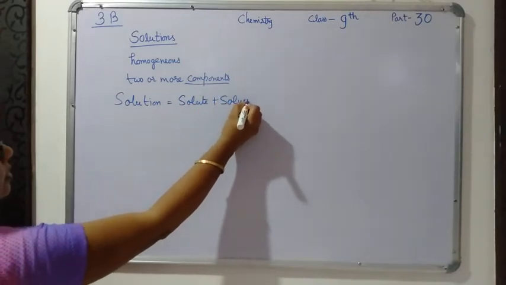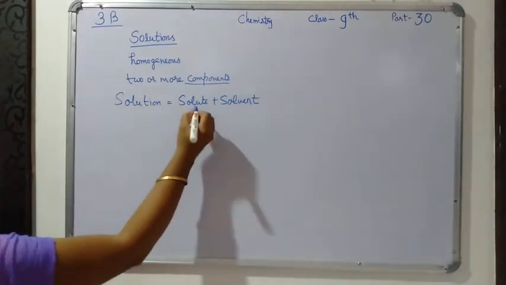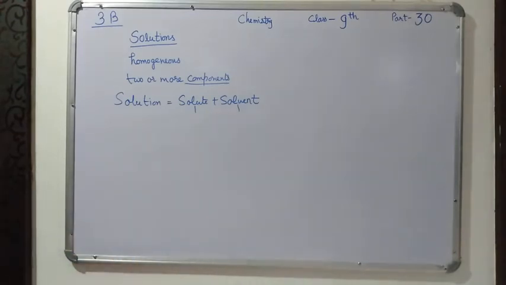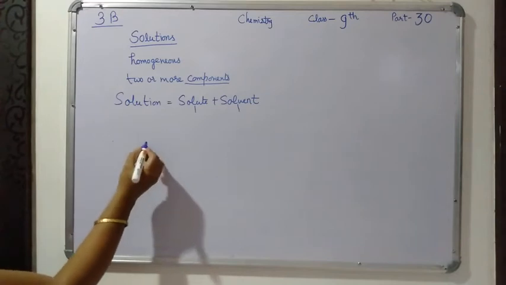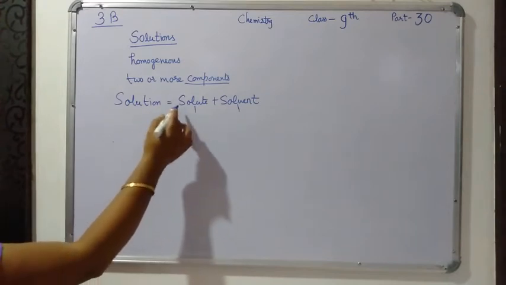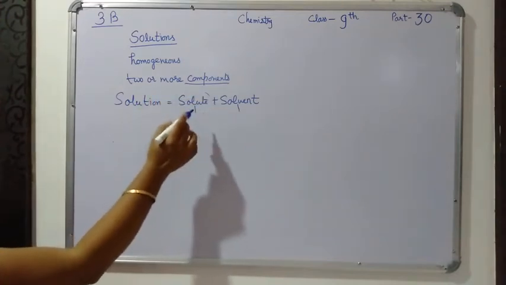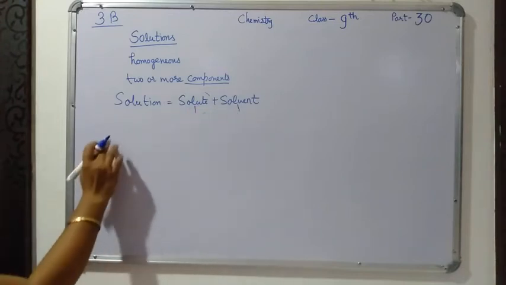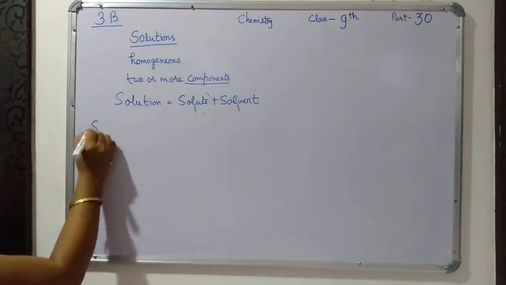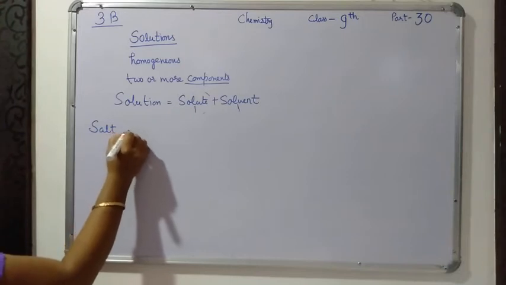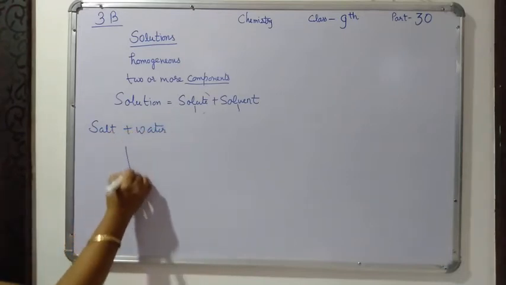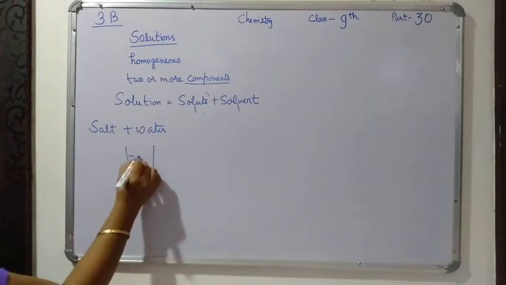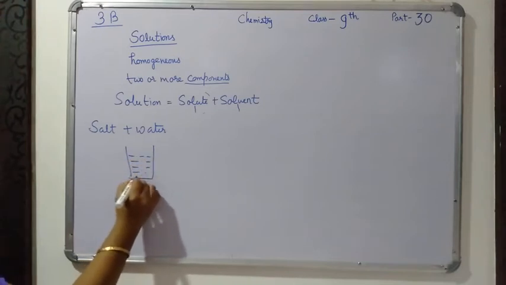Now you have to see what is the meaning of solute and what is the meaning of solvent. The medium in which you are going to dissolve the solute is called the solvent. For example, you take 1 glass of water and you add salt in that.